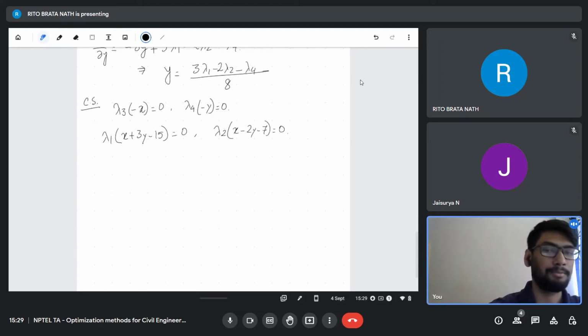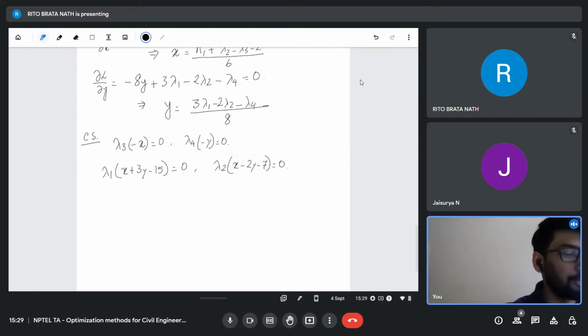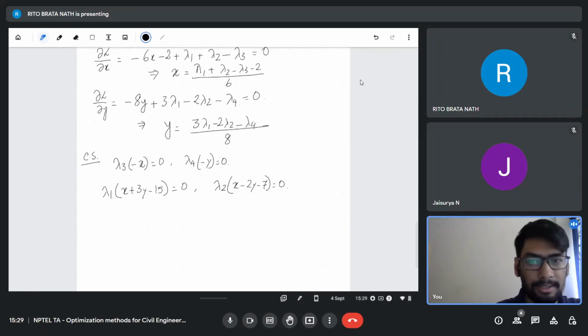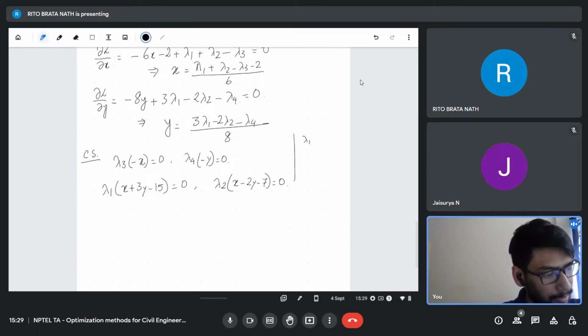So you have these four conditions here, and from this you have to solve these equations to get x star and y star. In addition to that, you have these conditions that lambda 1, lambda 2, lambda 3, lambda 4 are greater than or equal to 0. So let's try and do that.